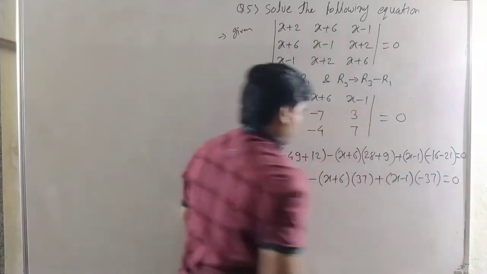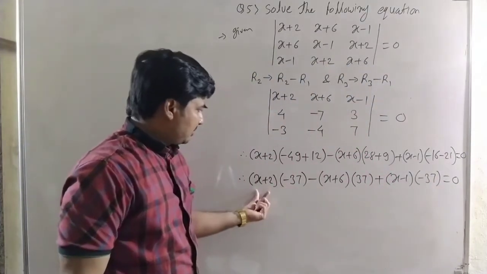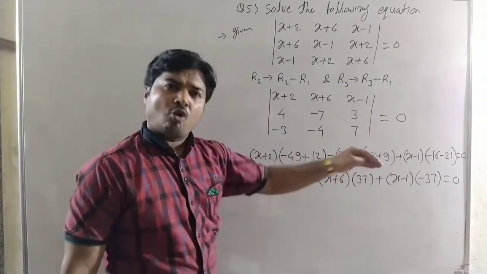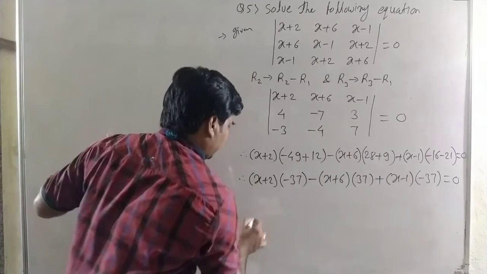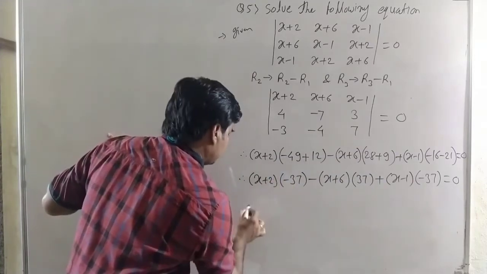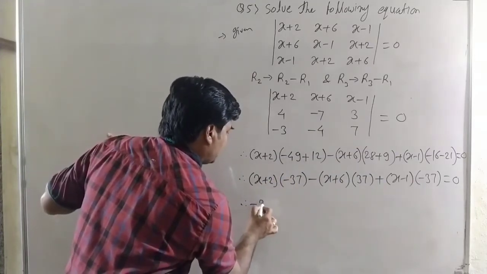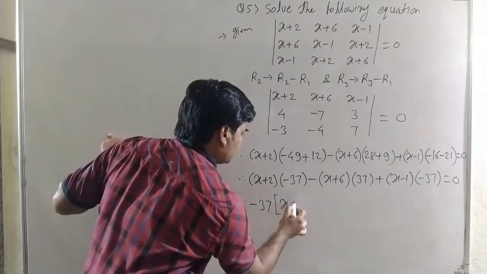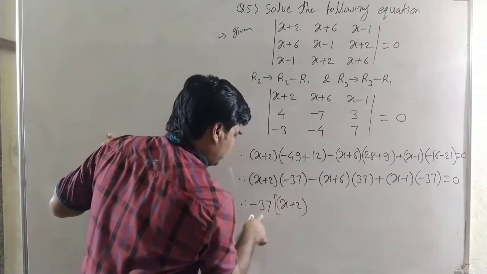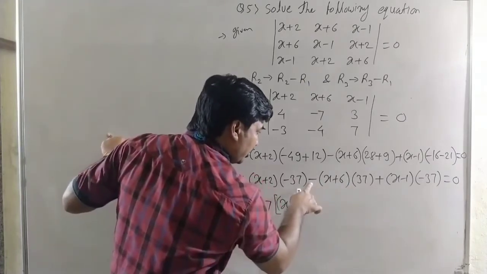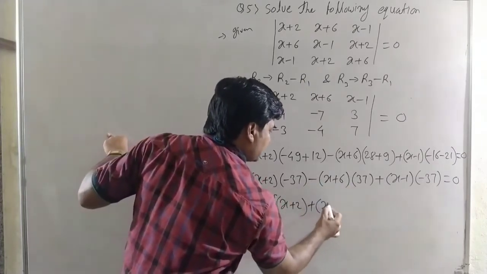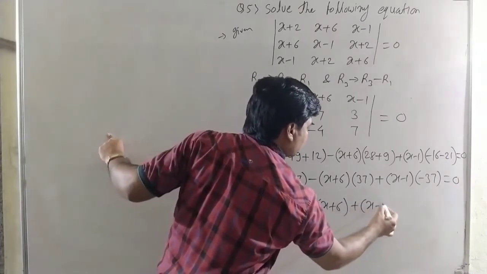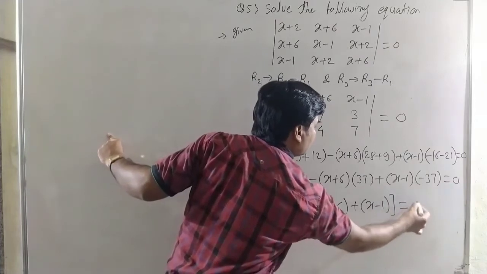Now it is simple to take the 37 common. We take common the minus 37, then remaining x plus 2; minus 37 common, but here it is plus 37, so it is plus x plus 6, and here plus x minus 1, is equal to 0.